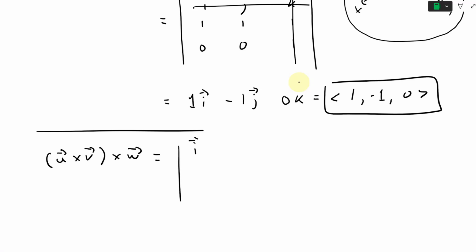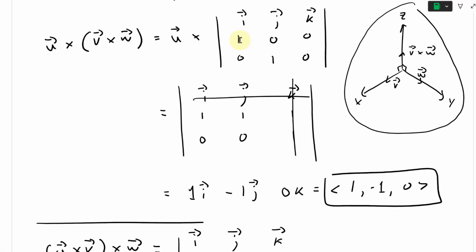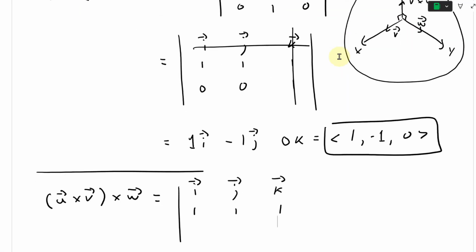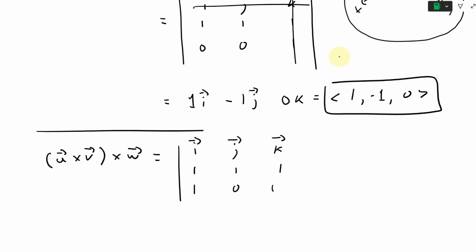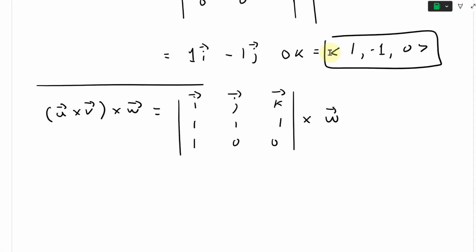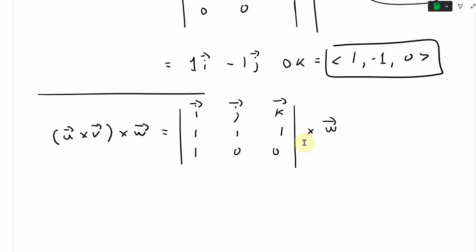This is going to be our components i, j, k. And then the u is just 1, 1, 1. And now the next one is going to be 1, 0, 0. But now it's going to be cross with w.